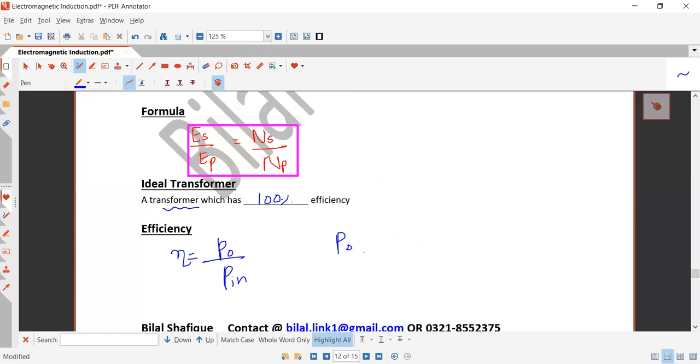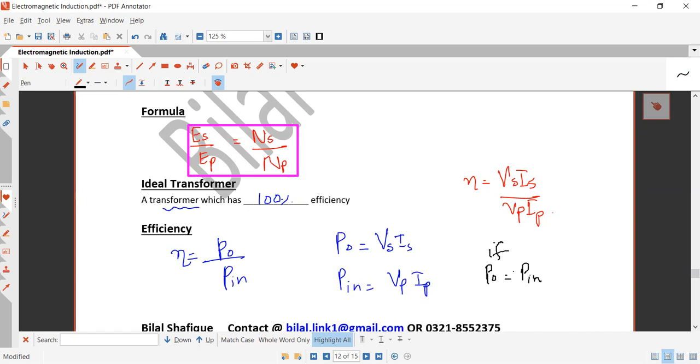The power output will be secondary voltage into secondary current, and the power input will be primary voltage into primary current, right? So the efficiency of the transformer will be VSIS over VPIP. And if these two powers are the same, if power input is equal to power output, then the transformer is ideal.